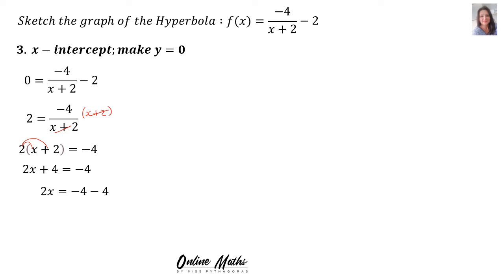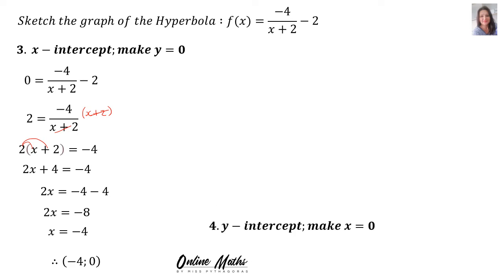And then let plus 4 walk across. 2x is equal to negative 4 minus 4. 2x is negative 8, and we can divide away the 2. Therefore, x is equal to negative 4. And then the coordinate for the x-intercept is the coordinate negative 4 and 0.